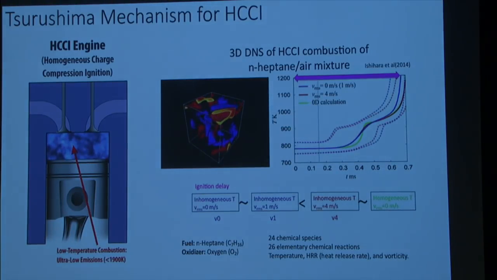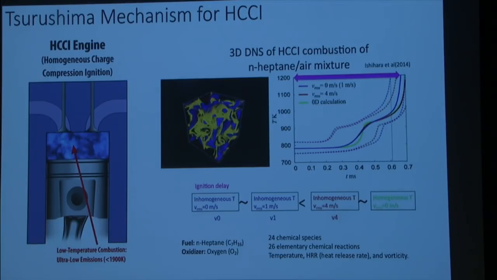So in this particular setup, we're looking at homogeneous charge compression ignition. So unlike a gasoline engine, which has a spark ignition, or a diesel ignition that has a fuel injection, in homogeneous charge compression ignition, you just have a mixed fuel and oxygen in the chamber, and then you compress it until it ignites.